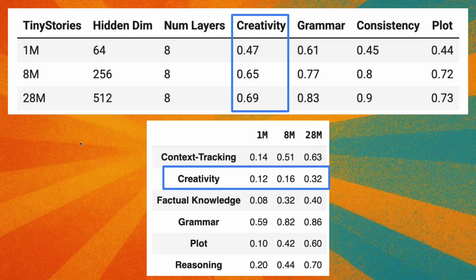Starting with creativity, this was really interesting. I was expecting my assessment to be maybe a little lenient, but it turns out that that's not the case. My scores were significantly lower. The 28 million parameter model, which is actually 60 million, so I have to keep saying that because it's confusing, scored 70% for creativity.